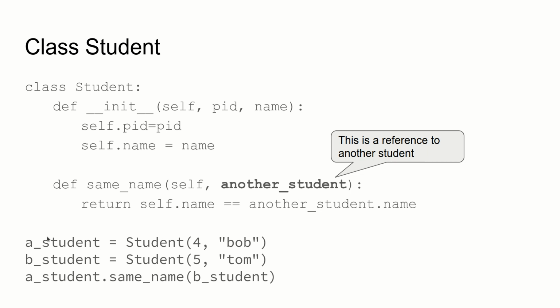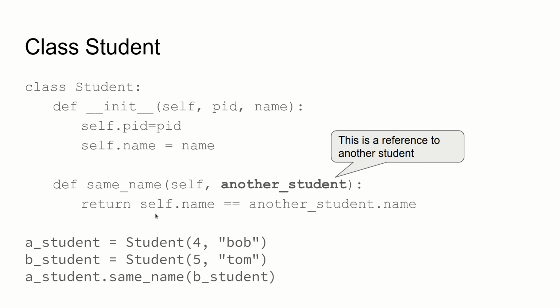And you can see A student is Bob with an ID number of 4. B student is Tom with an ID of 5. And so this would come back false, right? Self would be a student whose name is Bob. And another student would be B student, which is Tom. And so those names are not equal, and this would come back as false.